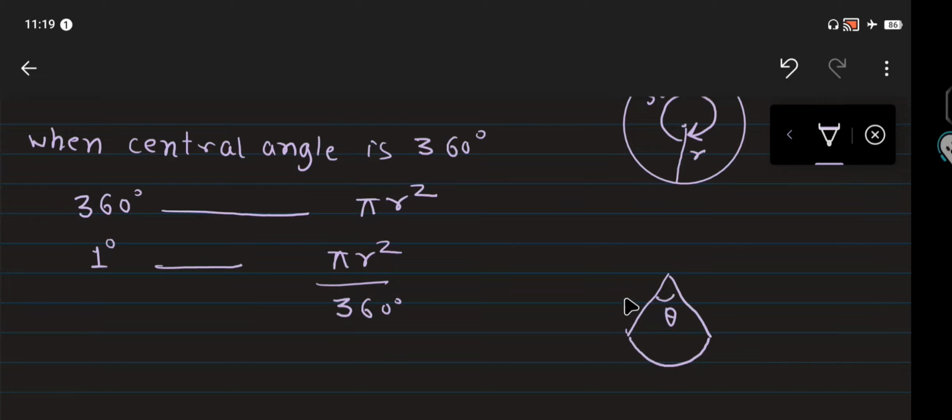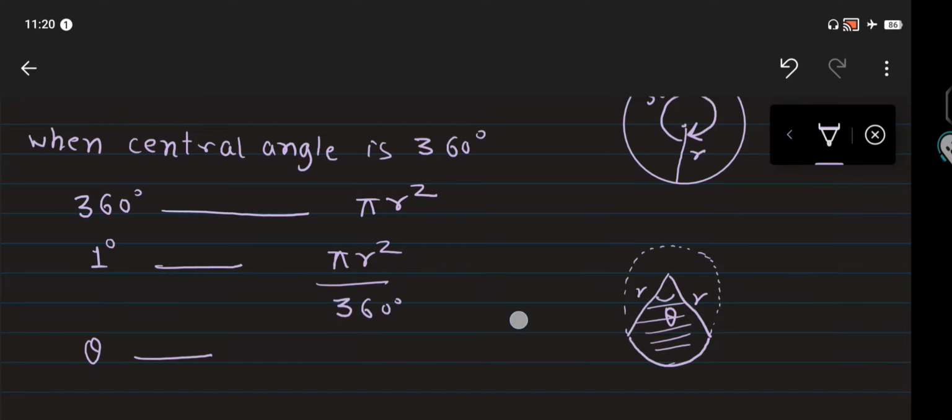If the central angle is theta, then it is going to cover only this much portion of the circle, and this portion is our sector.